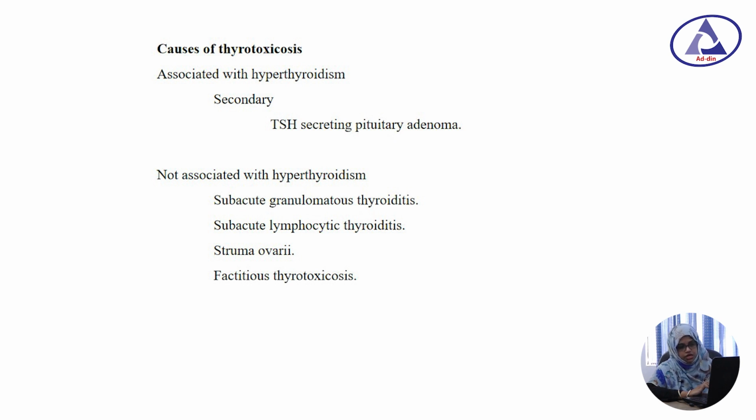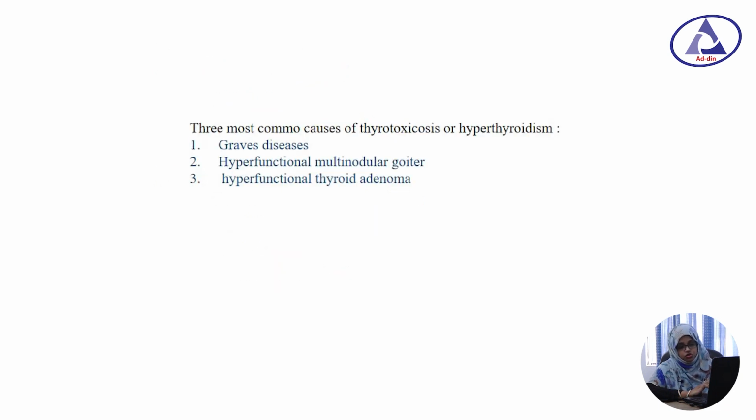There are also some causes not associated with hyperthyroidism: subacute granulomatous thyroiditis, subacute lymphocytic thyroiditis, and struma ovarii. There are many causes of thyrotoxicosis, but the most common important causes you have to know are Graves' disease, hyperfunctional multinodular goiter, and hyperfunctional thyroid adenoma.